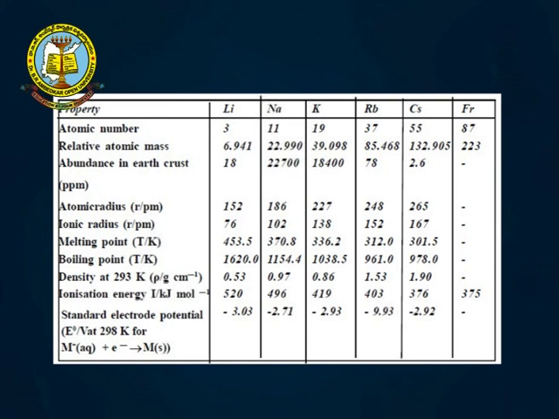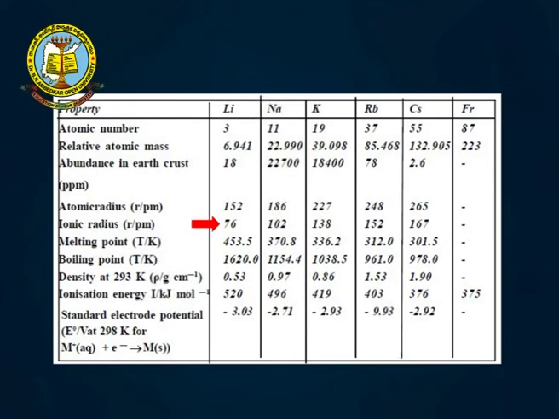For example, for lithium the value is 76, for sodium it is 102, for potassium it is 138, for rubidium it is 152, and for cesium it is 167. Here also the same trend is observed as for the atomic radius. Atomic radius and ionic radius both increase from top to bottom, that is from lithium to cesium.